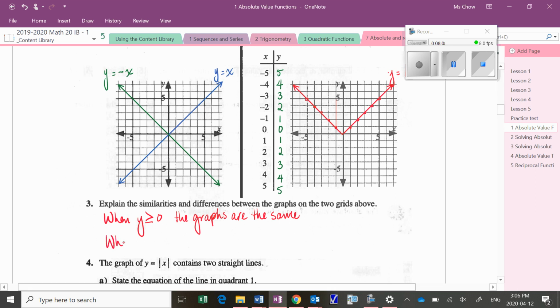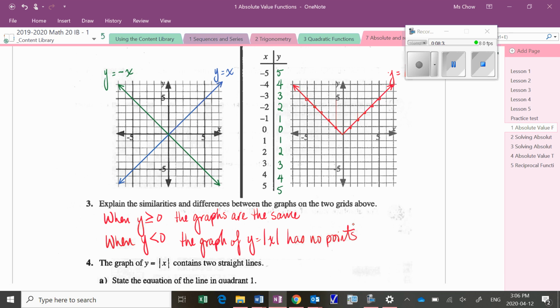When y is less than 0, then the graph on the right, so the graph of y equals absolute value of x, has no points. Okay. So what we see, though, is that the graph on the right essentially is comprised of two straight lines. It's comprised of part of y equals x and part of y equals negative x.